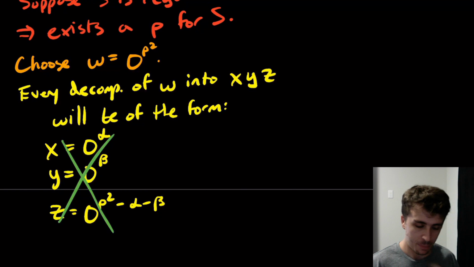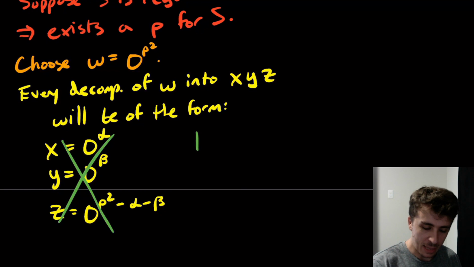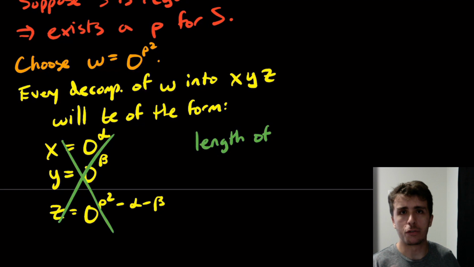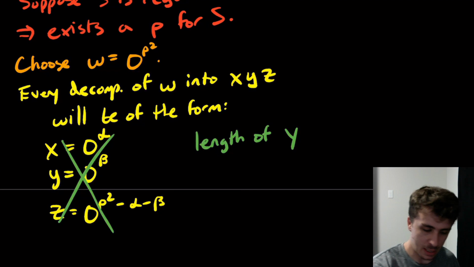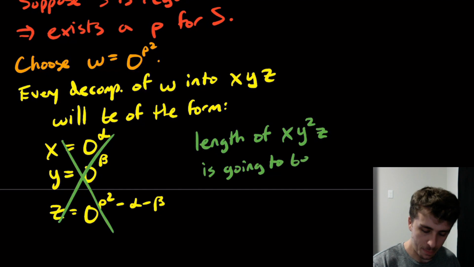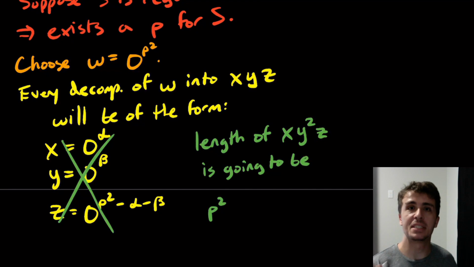So let's see. Well, we know that the length of, and what you would choose here for the value of i is going to be 2. So very often picking i equal to 2 is a good example, although it wasn't in the last one. It's a good example in general. So let's pick the length of x y squared z is going to be p squared, which is the original string, plus the length of y.